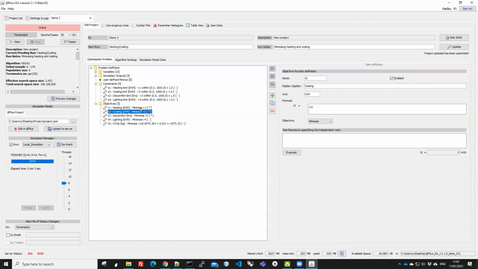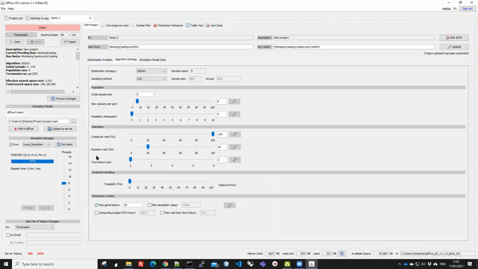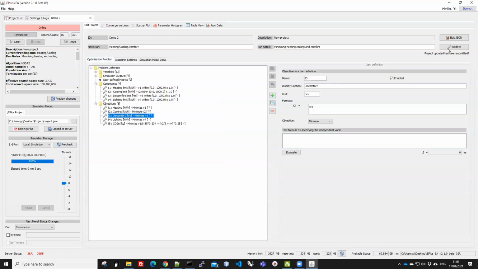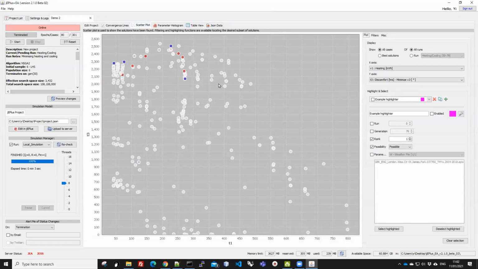Now we have three different objectives: heating, cooling, and comfort. I don't need to change the algorithm settings. Now I want to update this project, apply change, go back to our scatter plot, and start running the project again.